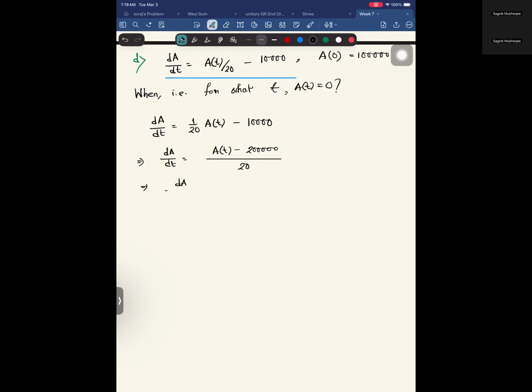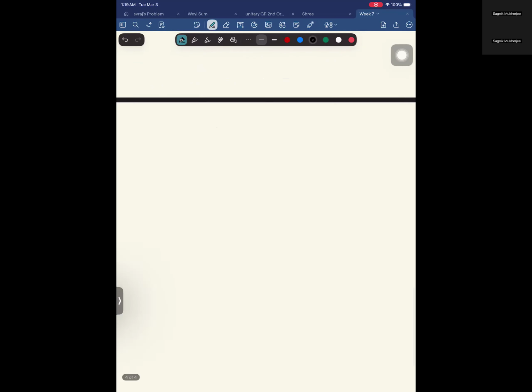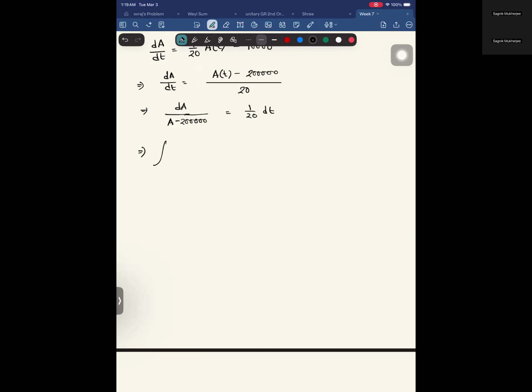Bring all the A together and all the t's together, and then do the indefinite integration.